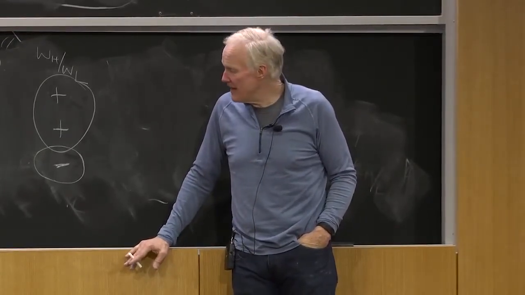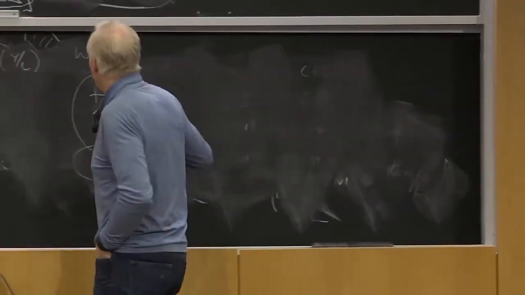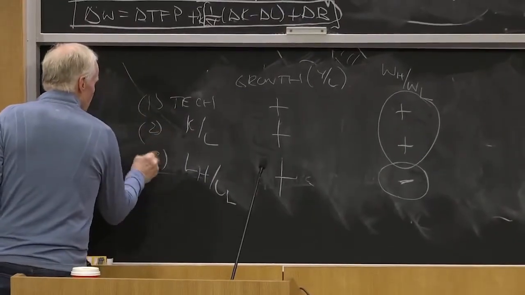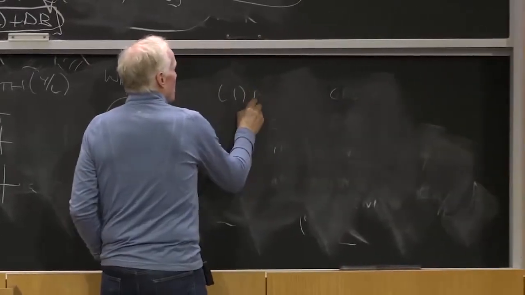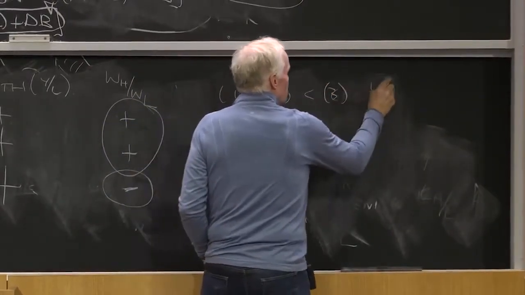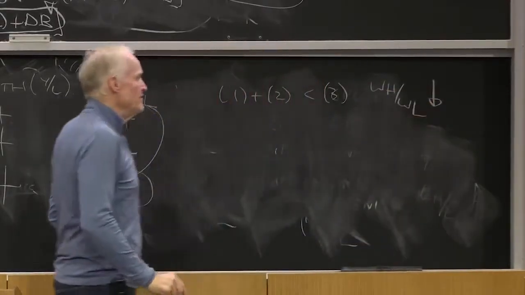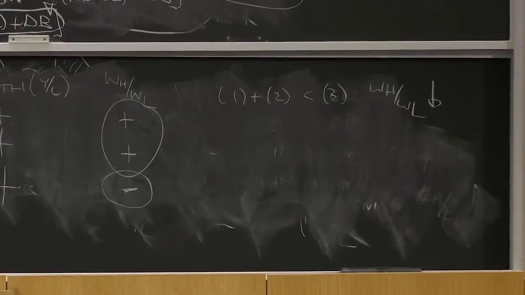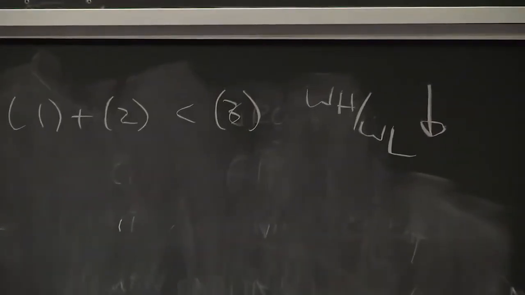So one way to think about it is, if forces 1 and 2 together, if 1 plus 2 is less than 3, WH over WL goes down. Even though we've got rising demand for high-skilled workers, supply is growing fast enough that the relative wage of high-skilled workers would end up going down.